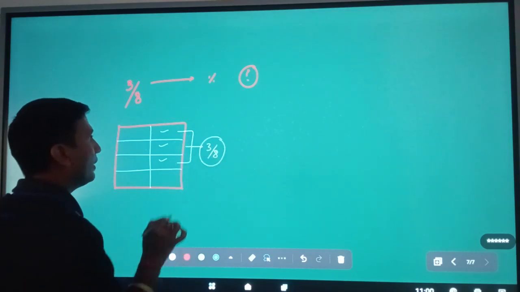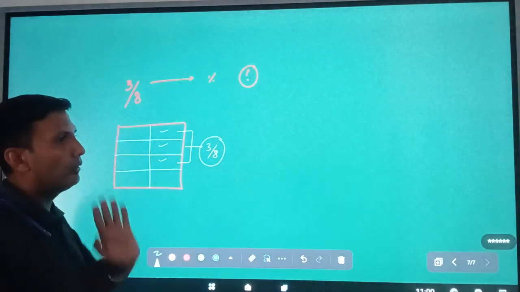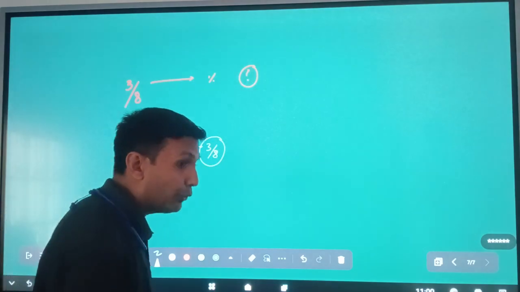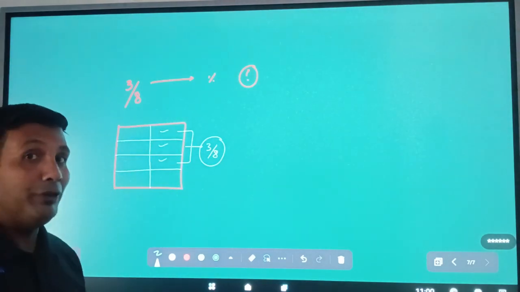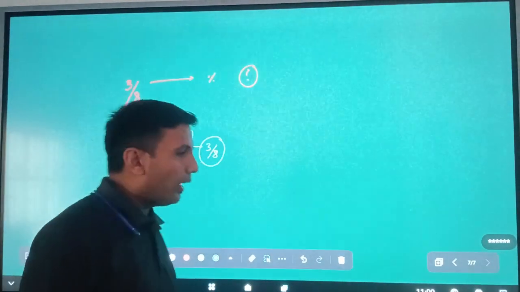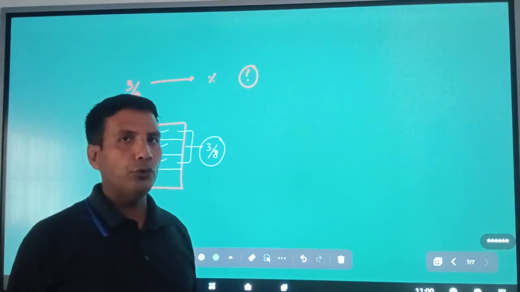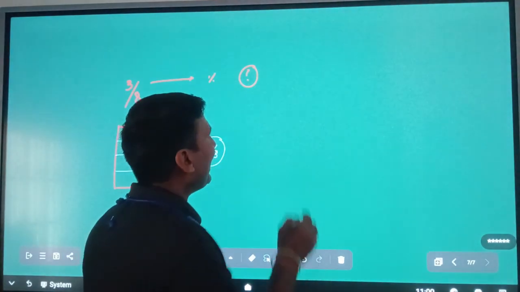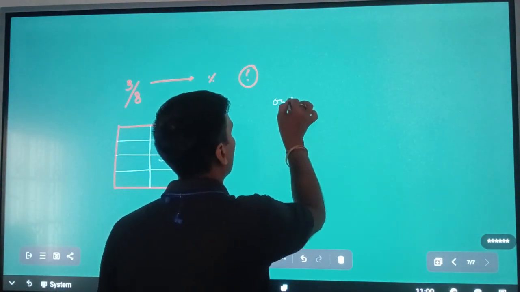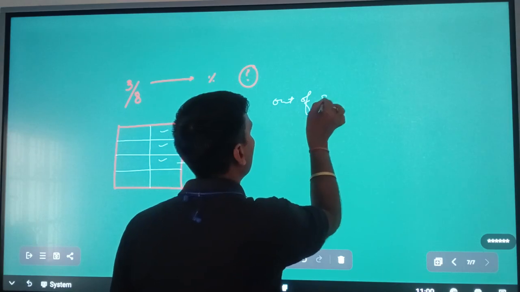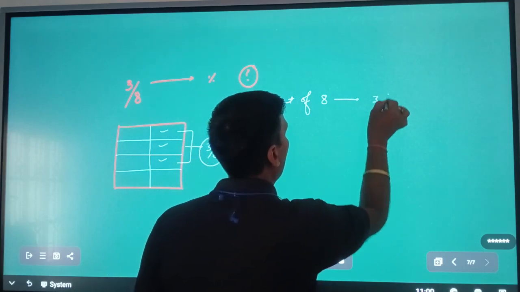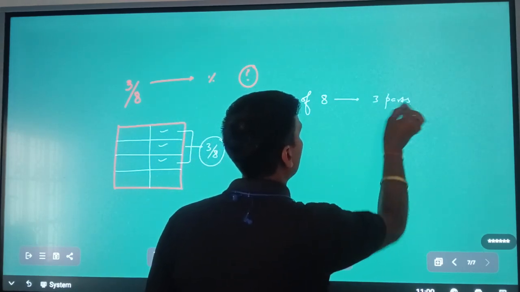But we have to convert it into percentage. It means we have to compare that number with 100. So mentally, out of 8, 3 parts are being considered.